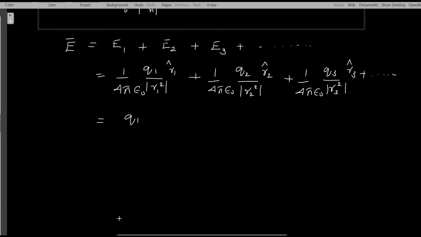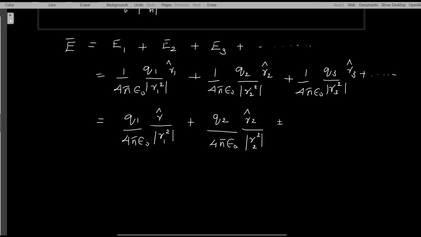or q1 by 4 pi epsilon naught into unit vector r1 by r1 square plus q2 by 4 pi epsilon naught unit vector r2 divided by modulus of r2 square plus q3 divided by 4 pi epsilon naught unit vector r3 by modulus of r3 square plus etc. In all these terms 1 by 4 pi epsilon naught is common.